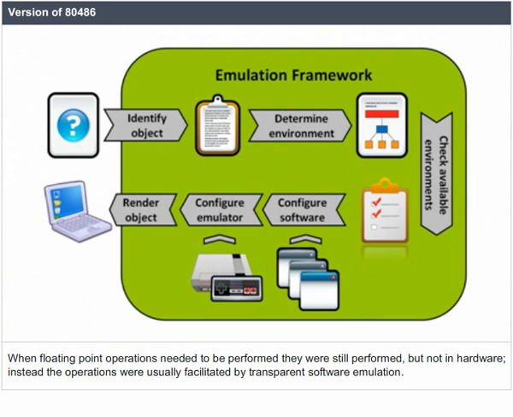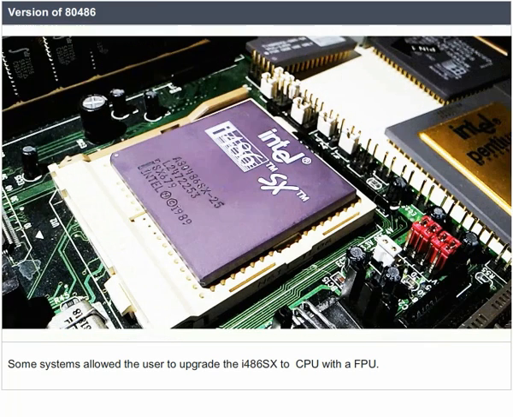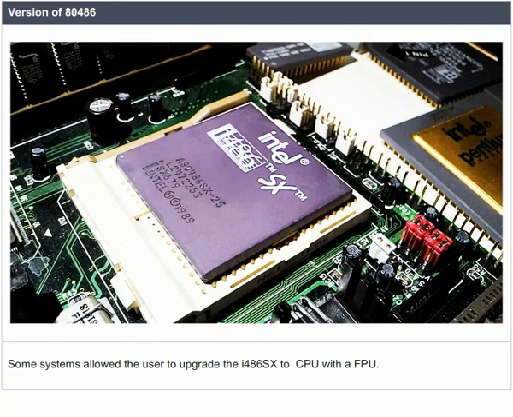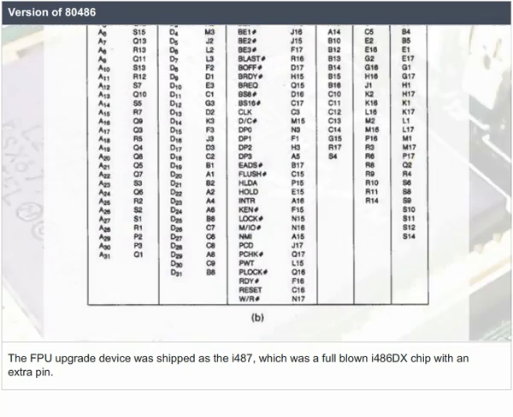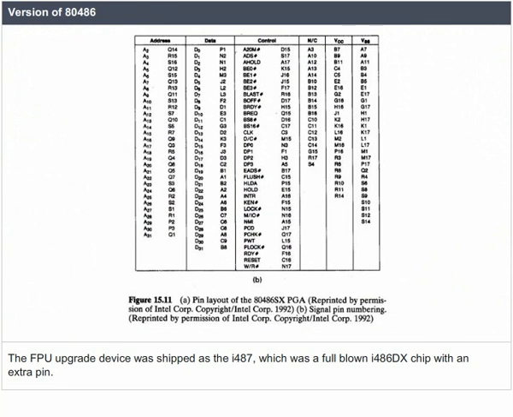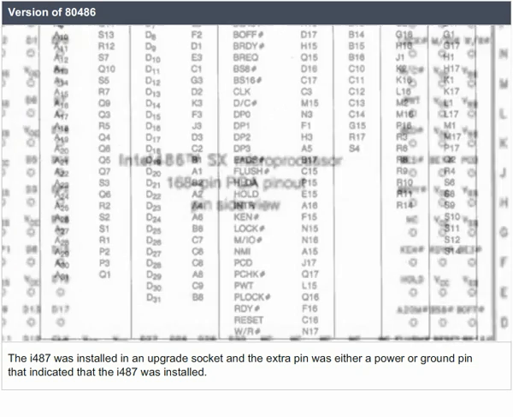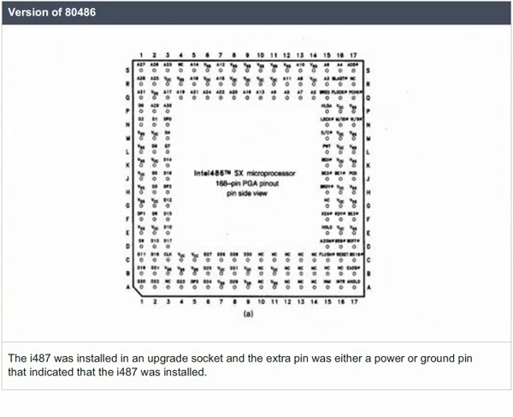Some systems allowed the user to upgrade the i486SX to a CPU with an FPU. The FPU upgrade device was shipped as the i487, which was a full-blown i486DX chip with an extra pin. The i487 was installed in an upgrade socket, and the extra pin was either a power or ground pin that indicated that the i487 was installed.